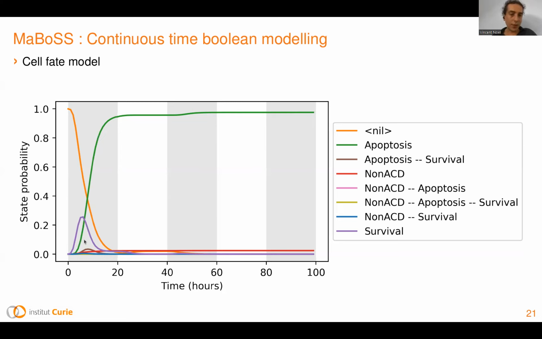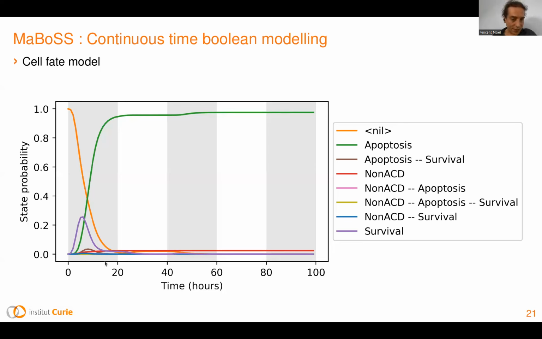Here we can see the treatment duration in gray. We reach the plateau after the end of the first treatment, then it's basically a flatline. And then at the second treatment, we can see more apoptosis, and so more cells dying in our tumor than we had after the first treatment.